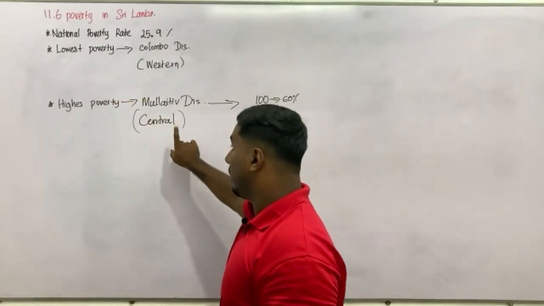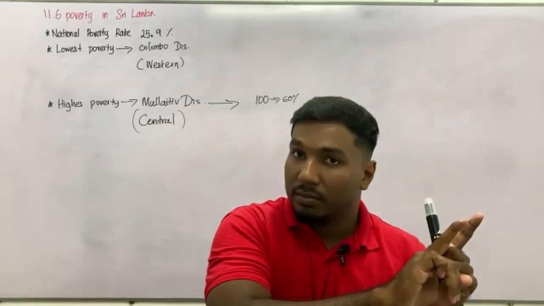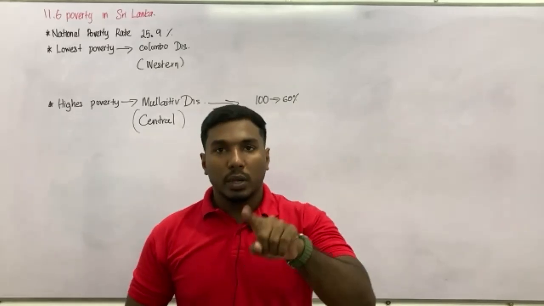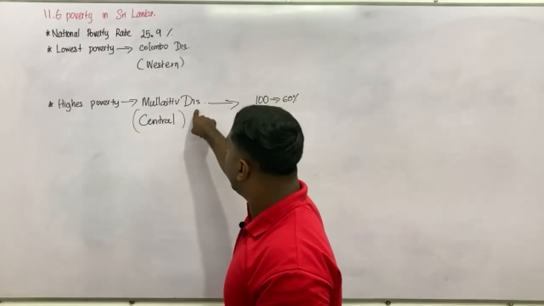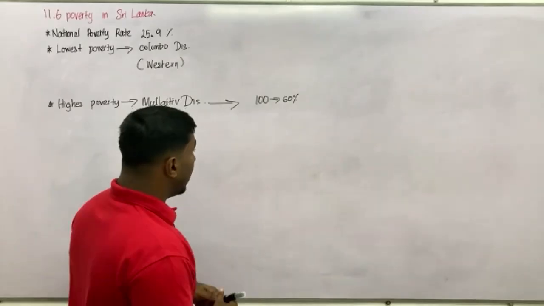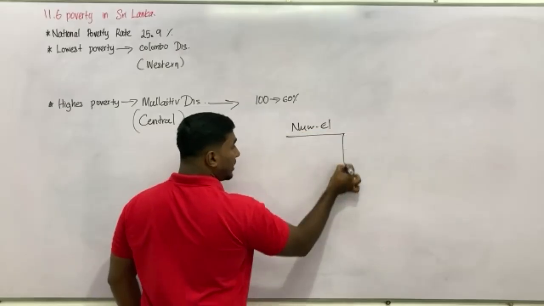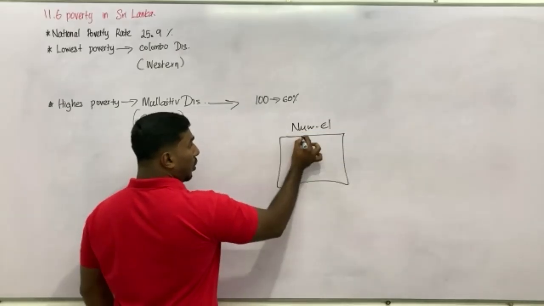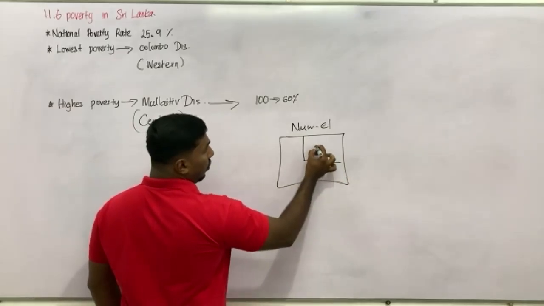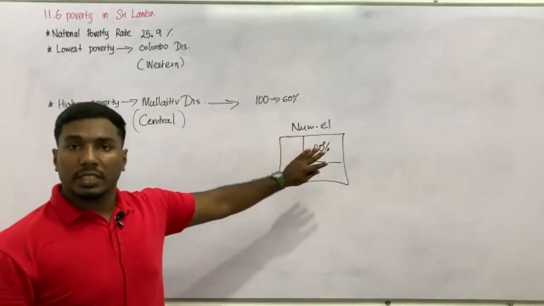But if we come to the province-wise view, the Central Province, because of the estate workers, you could say, sir, the estate workers are in Nuwara Eliya, so Nuwara Eliya should come as the highest poverty rate. But it does not, because of the Nuwara Eliya district itself. Imagine this is the Nuwara Eliya district. Only this portion, I think around 40 percent of people, work in the estate sector.